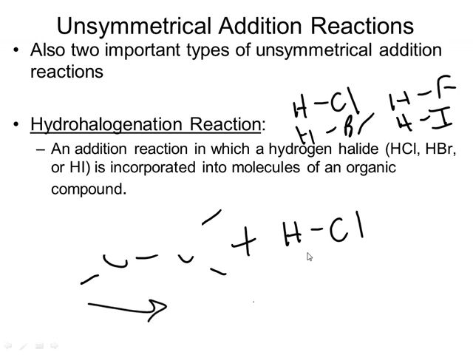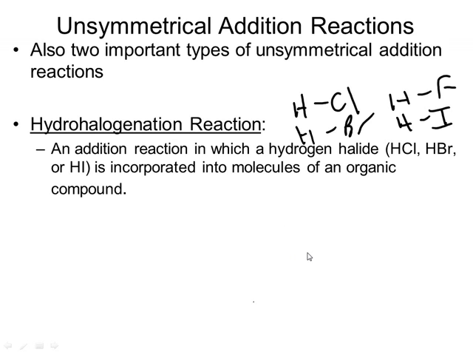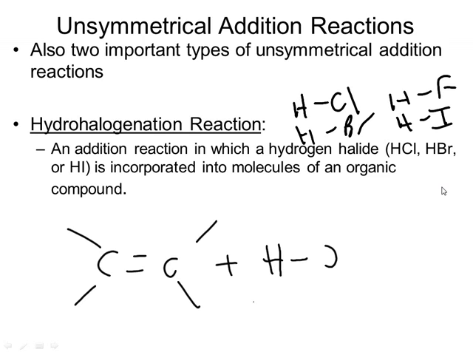Hydration reaction is the other one. Now, hydration reaction is a case where one of the two things being added is actually two atoms in one. So we have the double bond again, and I'm going to add water. So hydration is where we're adding water. We count one of the items as H and the other as OH.